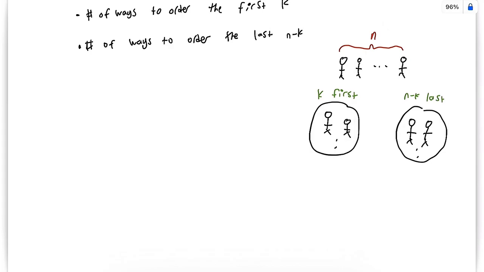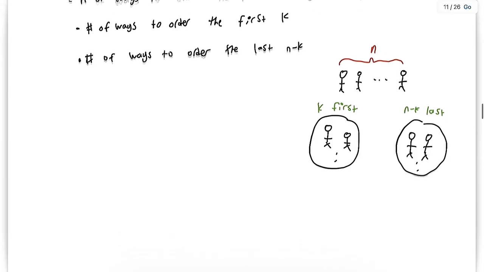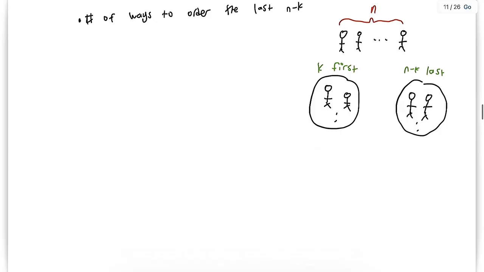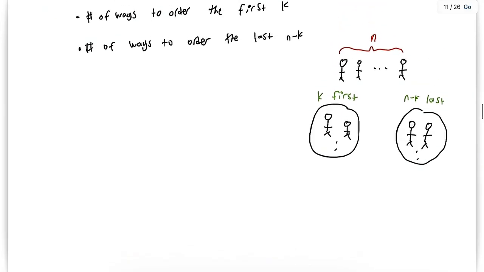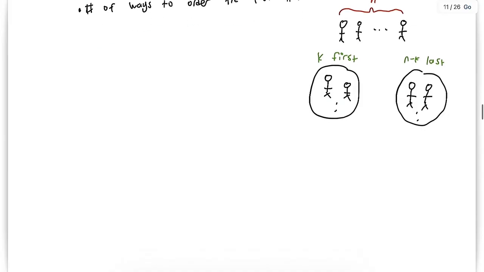So our first step, essentially this step right here, is to sort these people into these two different groups, these two different camps. And then from there, we can order them. We order the first k, and then we order the n minus k others. So from here, we actually put them in a line.